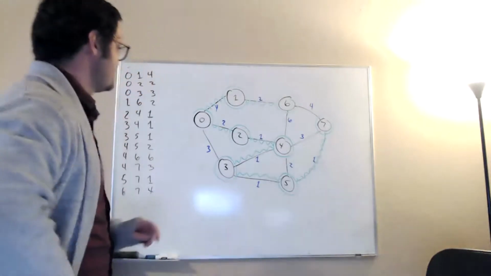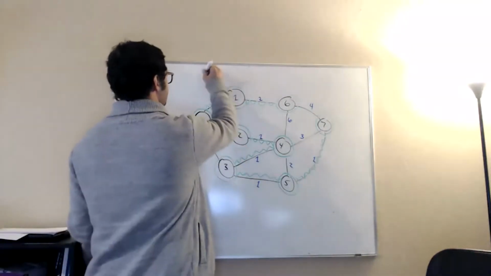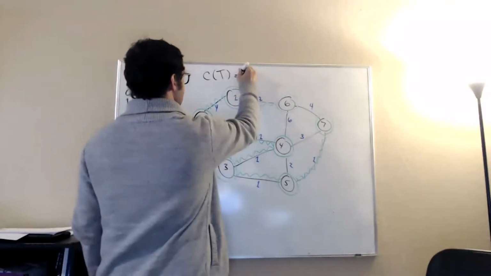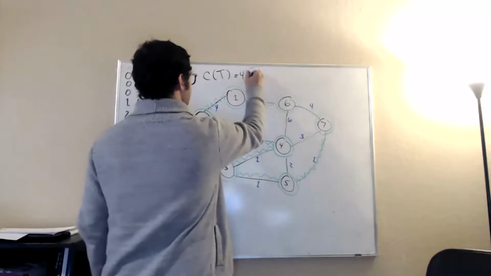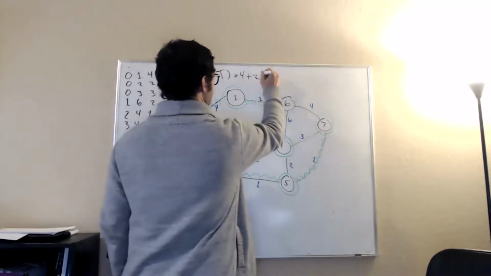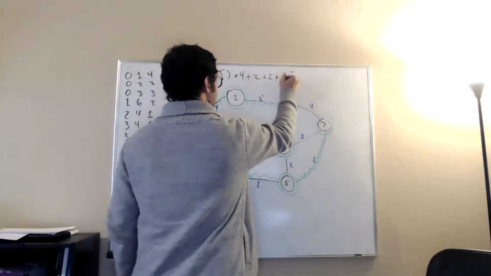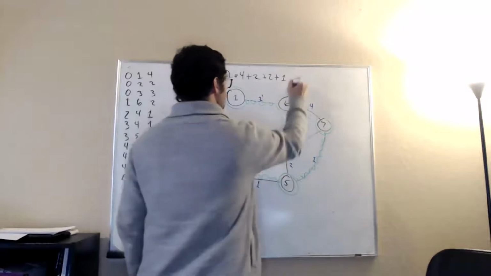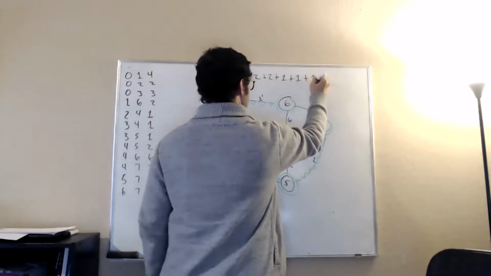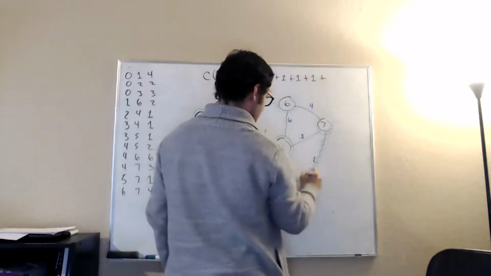Okay, so what is the cost of this tree? So it's going to be 4 plus 2 plus 2 plus 1 plus 1 plus 1 plus 1.